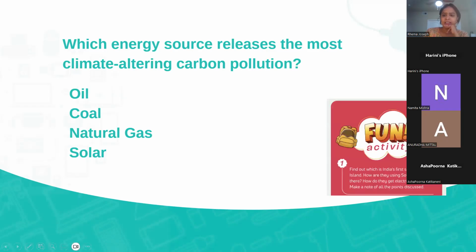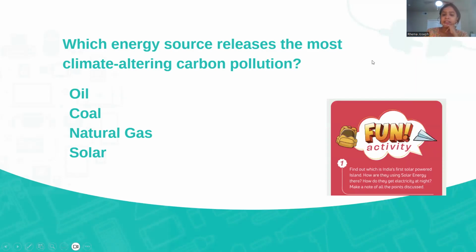It is coal. On the right side, here and there, you will see some pop-ups which will have either interesting information or an activity for you to find out. So on the right, I want you all to find out, and I'm sure anybody can use ChatGPT or Google simultaneously, which is India's first solar-powered island and how are they using solar energy there?